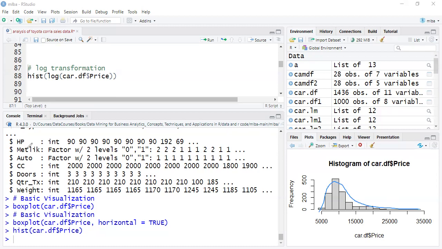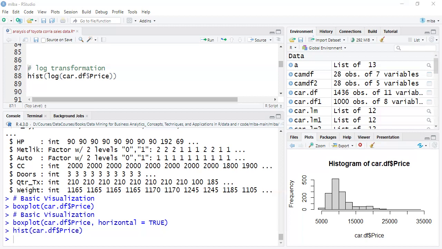Now, if you want to make the distribution normal, a technique referred to as transformation is used. What is transformation? Transformation is a technique which puts the data into normality.